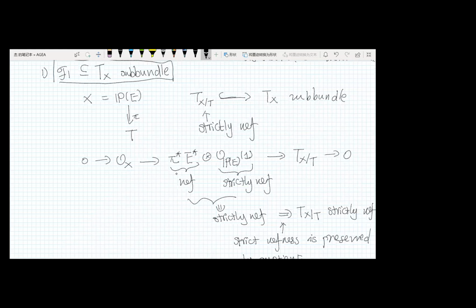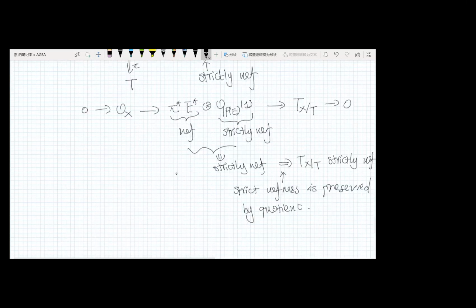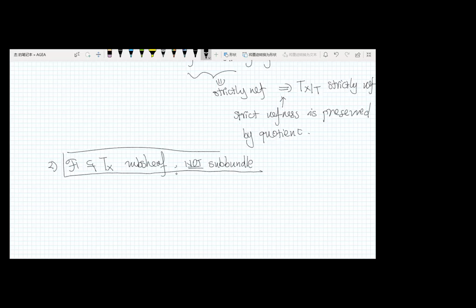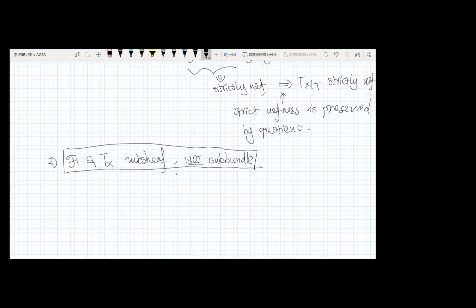In the next example, I want to construct an example where F is not a sub-bundle, but is a subsheaf. Okay, you take F in the tangent bundle of X, a subsheaf, not a sub-bundle.